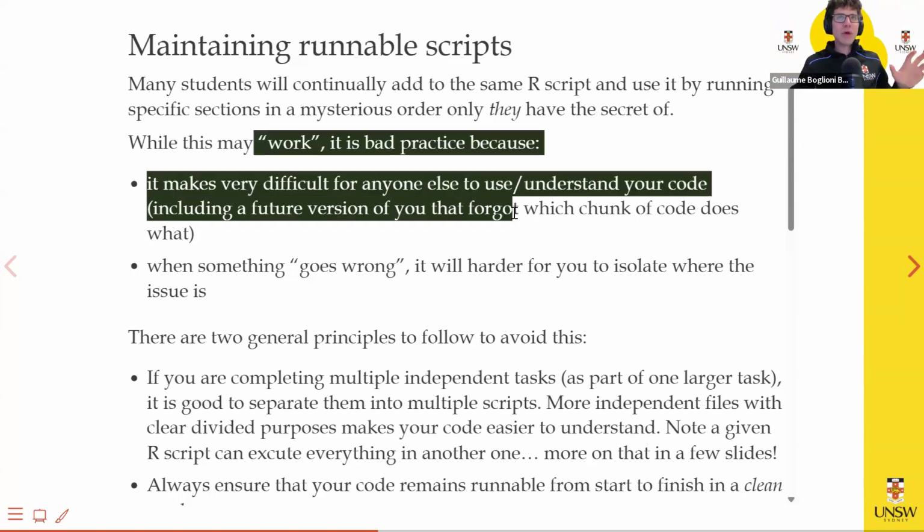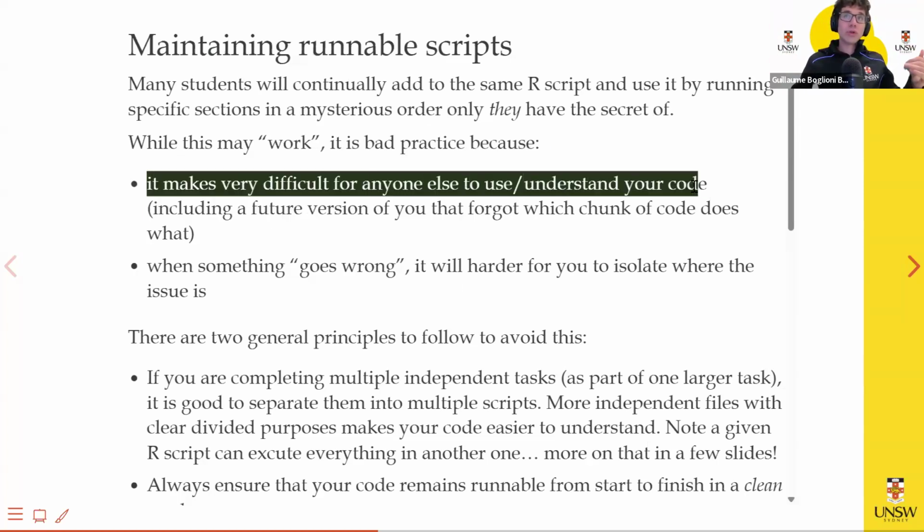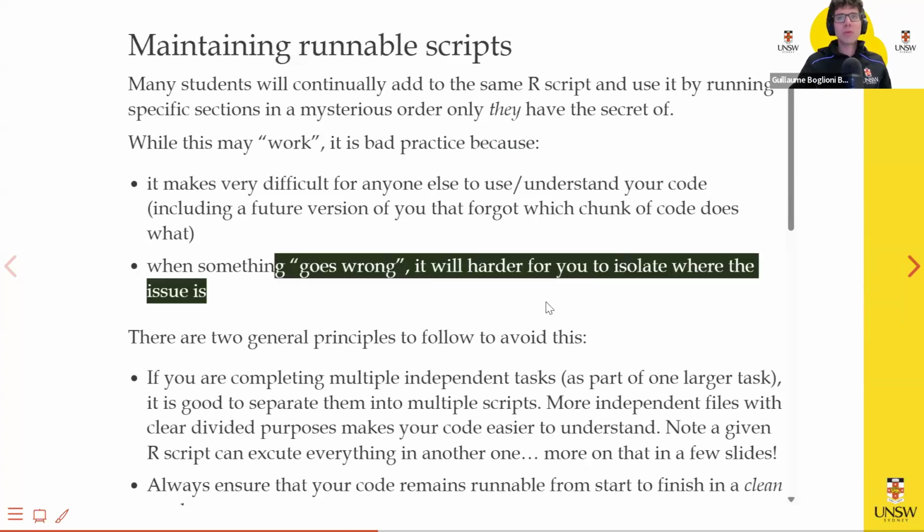Hopefully I've convinced you this is bad practice, to have just one file that does everything. It makes it very difficult for anyone else to understand your code. Often in real life, you're going to share your code with other people who are going to maybe use it or rework it, so it needs to be clear for them what the code does. And when something goes wrong, it's going to be harder to isolate the mistake if your code is all over the place and different sections run individually, but not as a whole.